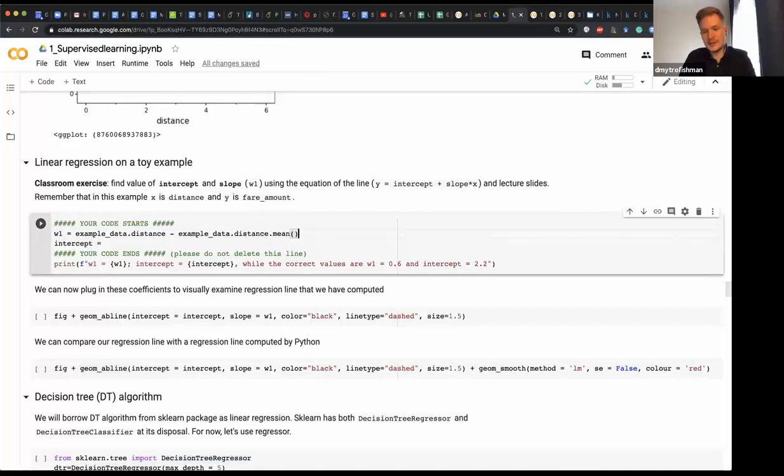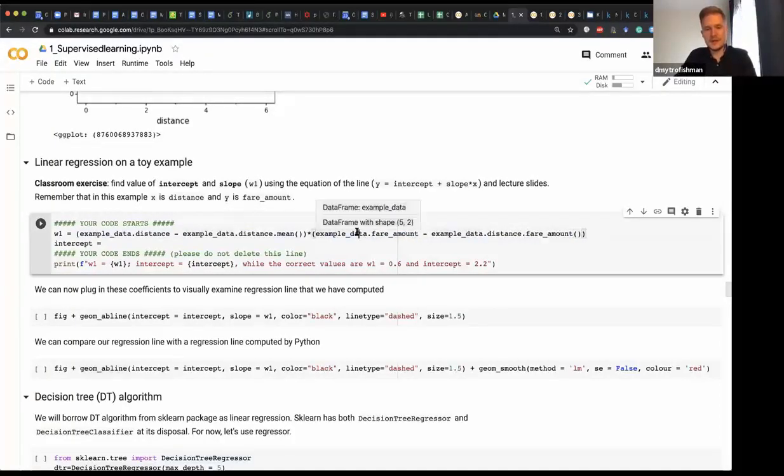Pandas has this nice feature: for each column, you can type dot sum, dot count, dot head, whatever, and that would do, for example, the mean. Okay, what should we do now? We need to multiply this by our fair amount, so it's the same formula but for the fair amount. Yeah, so I just changed that one to fair amount. Okay, here we go. Anything else?